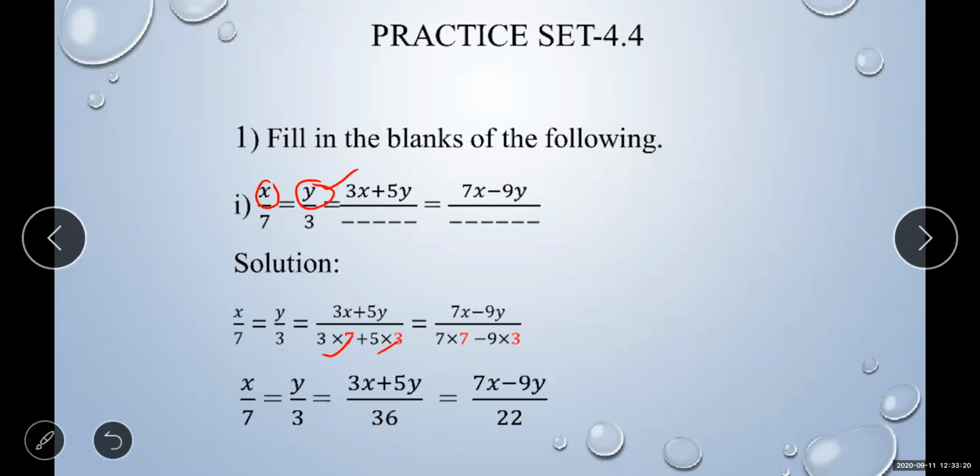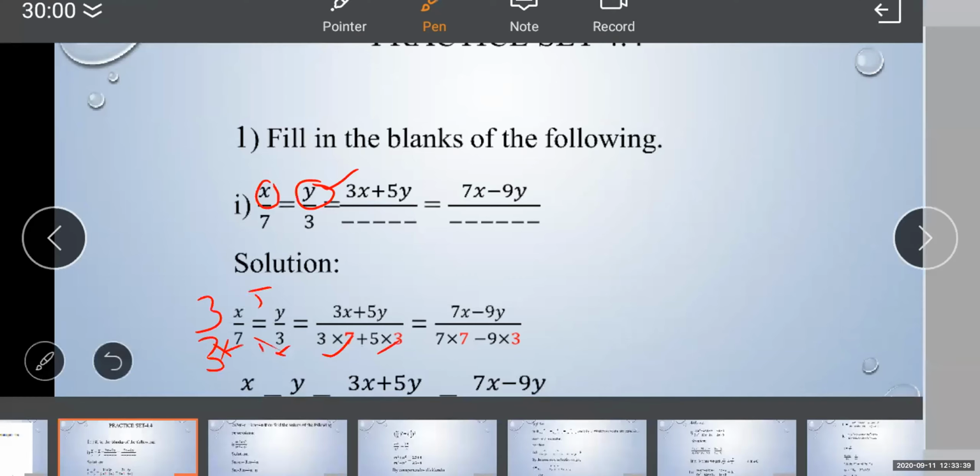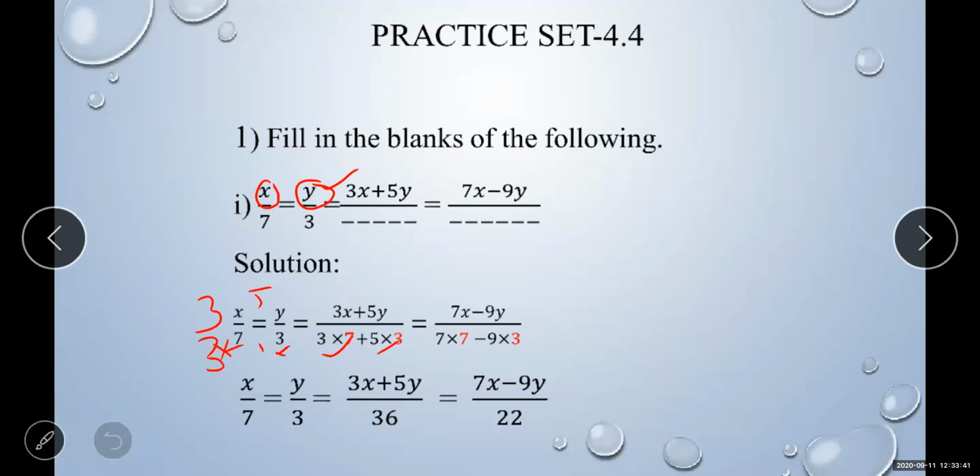So here we are doing the same thing. 3x plus 5y, so 3 into 7 plus 5 into 3. 3x upon 3 into 7, 5y upon 5 into 3. Here x upon 7 and here y upon 3.